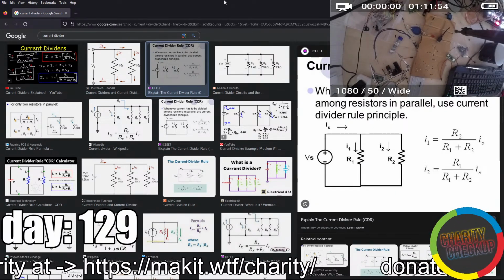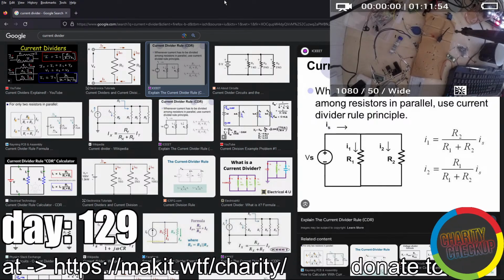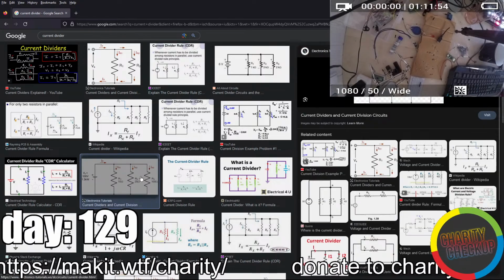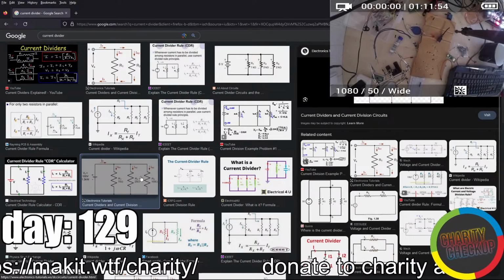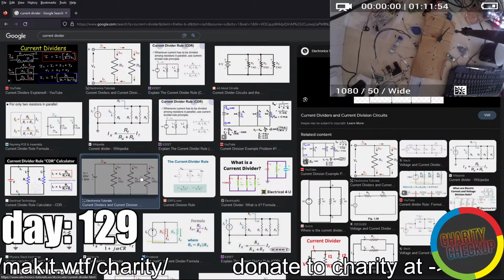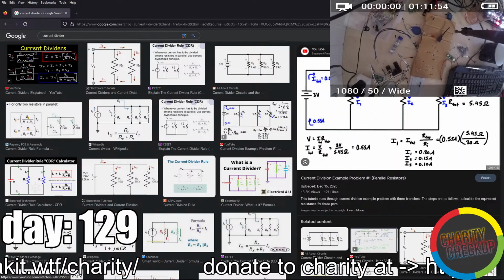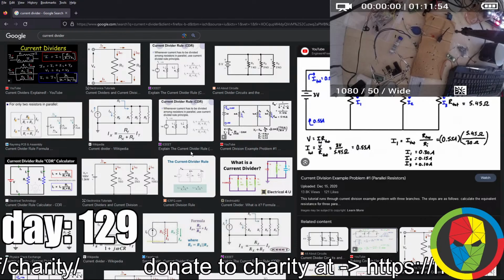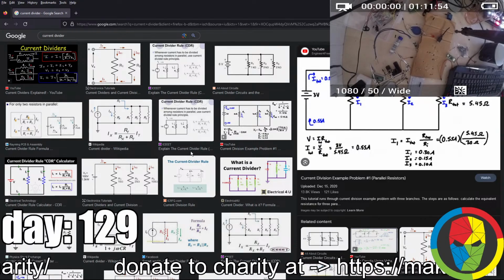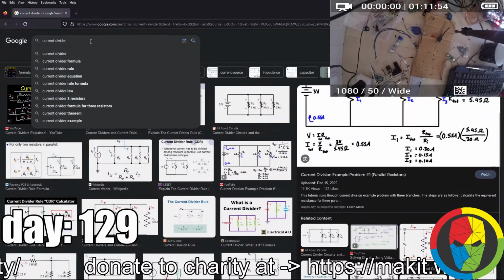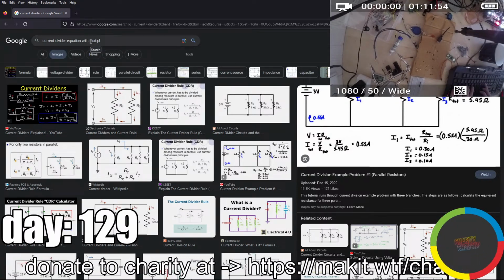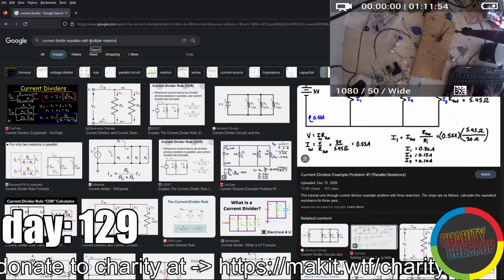So the way this would work is current divider over 3. Yeah, we need more than two. An equation with multiple resistors.